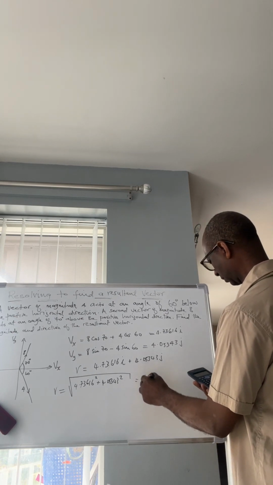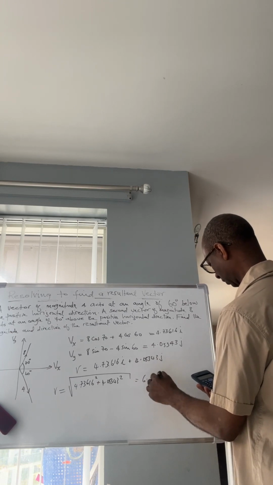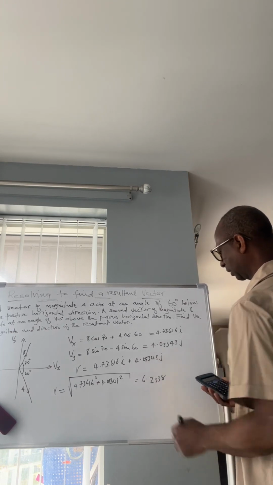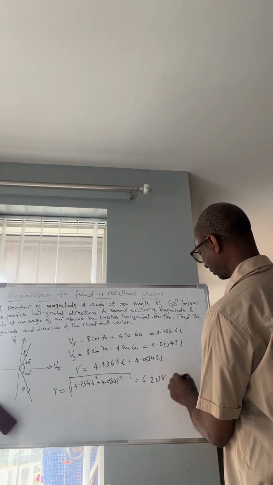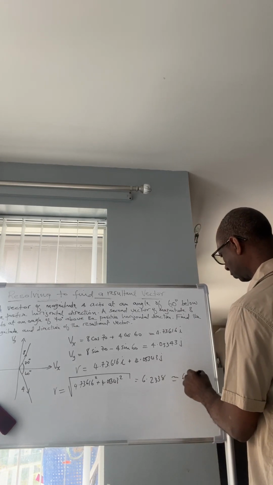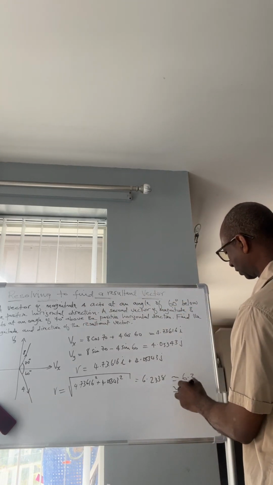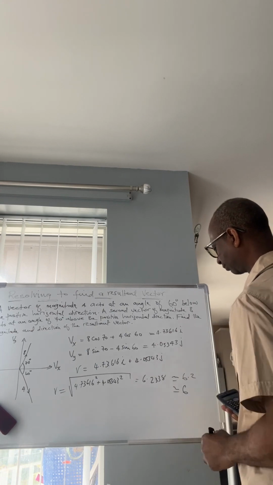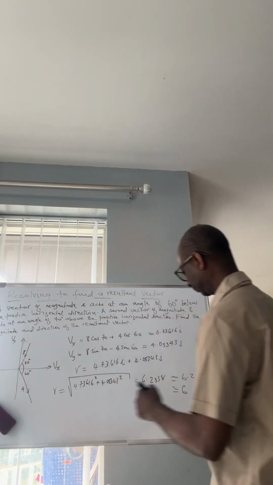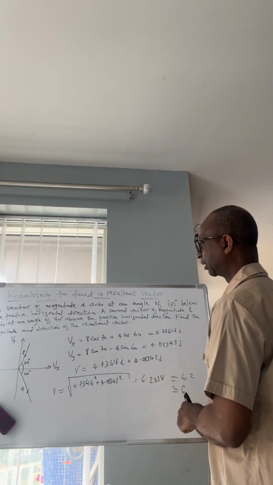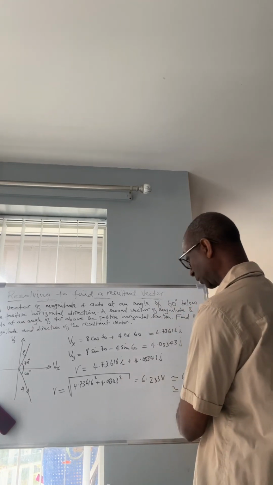Gets something like 6.2338. Let's say this is approximately 6.2, but since here we are given just single digits, we can just assume it to be 6, right? So what we now have here is the magnitude. Now we need to find the angle or the direction of the resultant force. This is the magnitude of the resultant force.